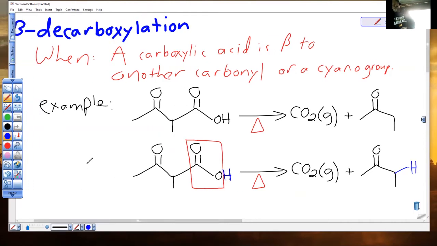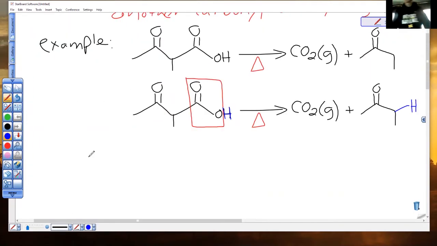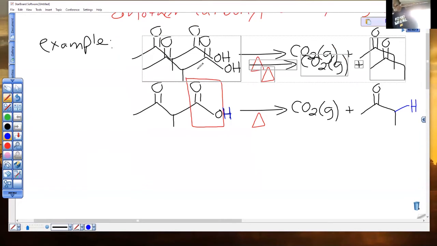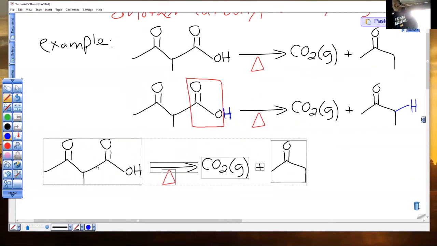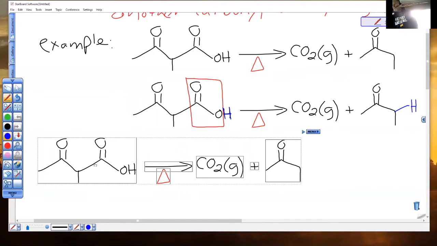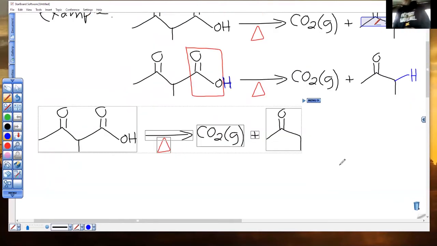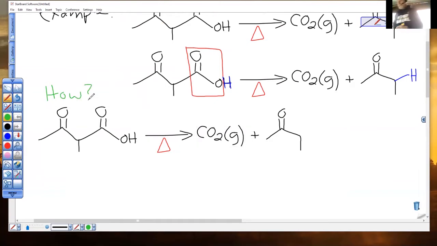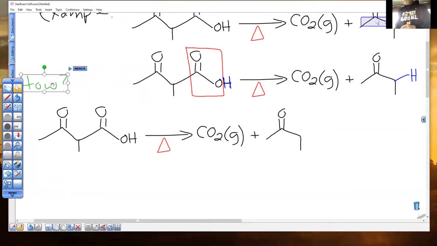And of course, we're more interested in how. We're interested in everything, but let's talk about the how. And to do the how, I'm going to redraw the molecule, do a little rotation.